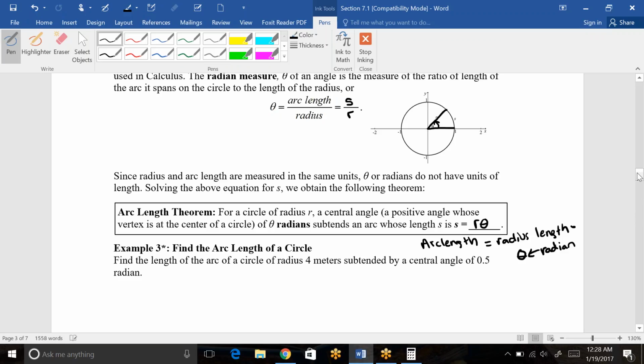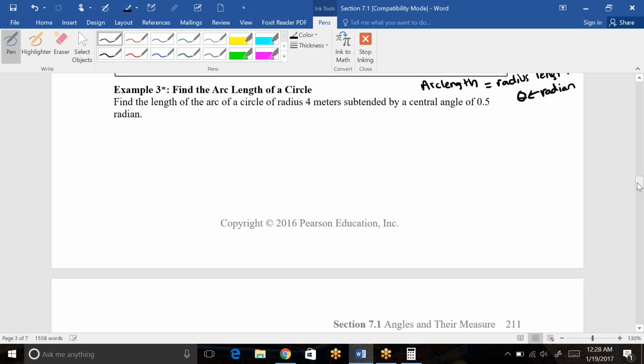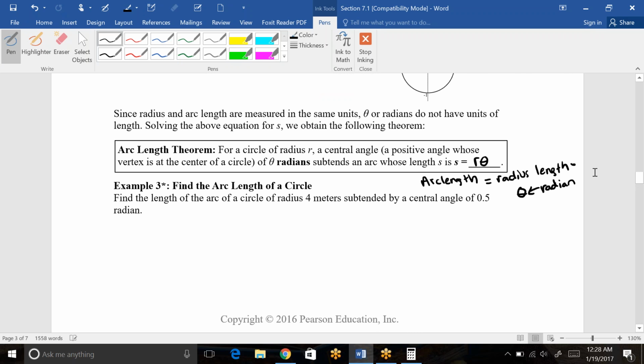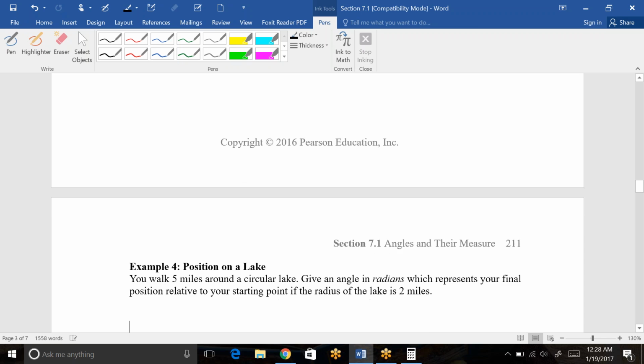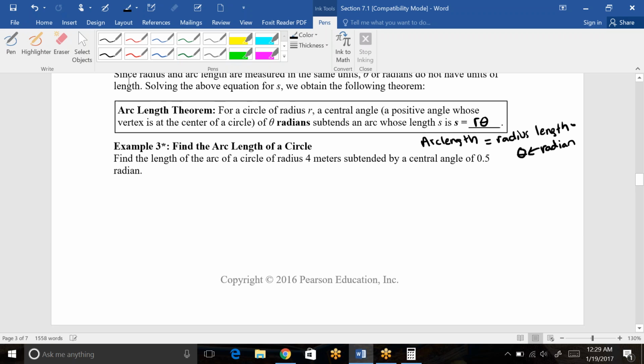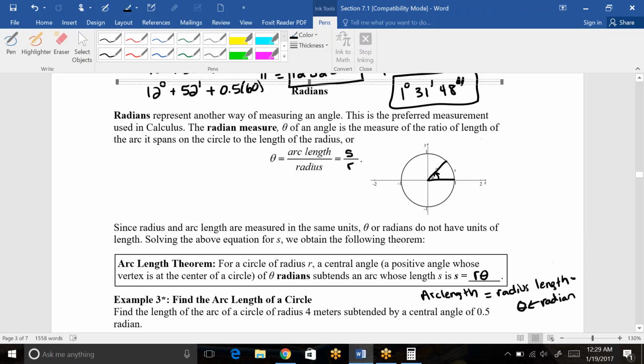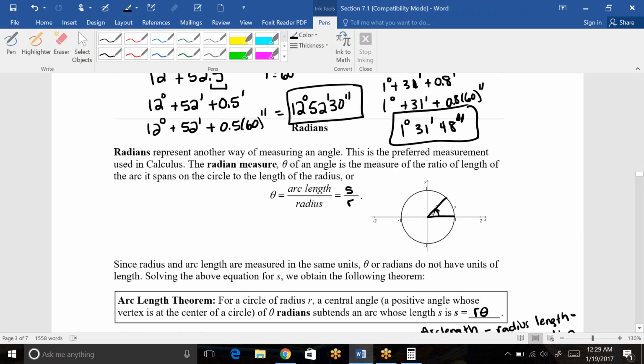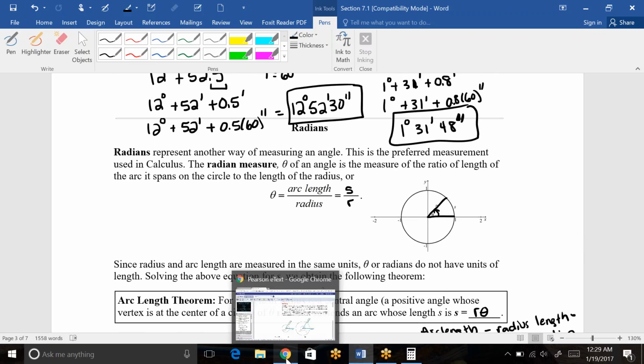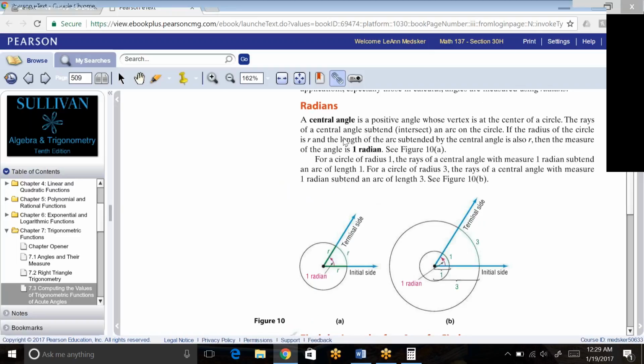Now, we didn't officially do much to define radians yet. So let me see if that's on the next page. It is not. I'm going to pull up the book. I think I have it back here to actually define radians for you, because I think you need to know that instead of just reading this definition. So look right here. It says, if the radius of a circle is r and the length of the arc subtended by the central angle is also r, then the measure of that angle is 1 radian.